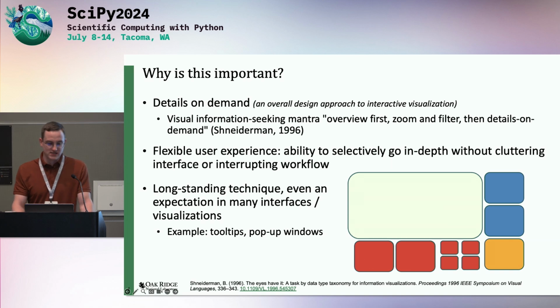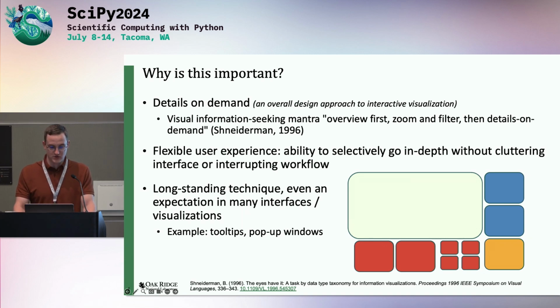So why is this important? Well, for us, it adheres to the ideals of this overall design approach to interactive visualization, referred to as details on demand. This comes from a paper written way back in 1996, so nothing new, but the mantra of this design approach is overview first, so to get an idea of the scope and scale of your data at large.